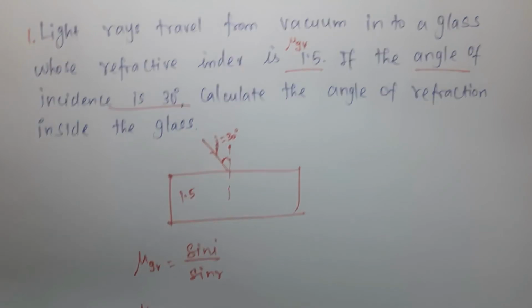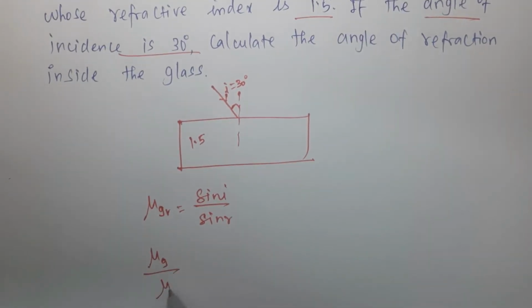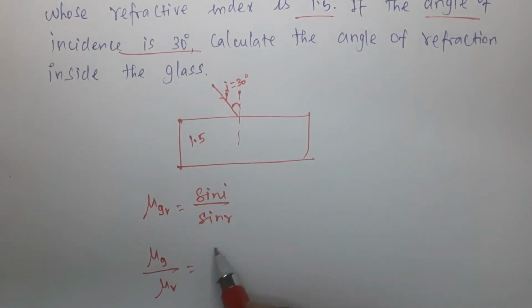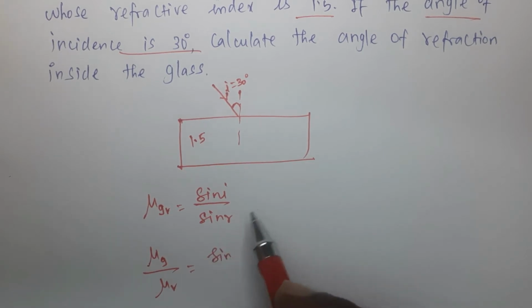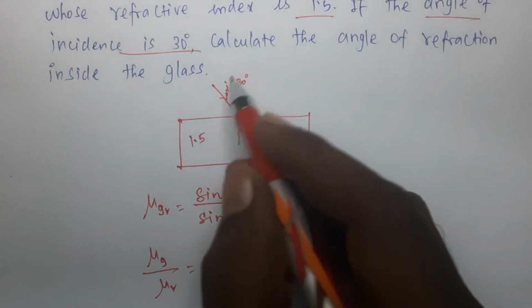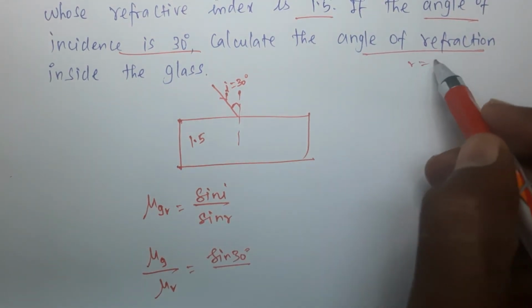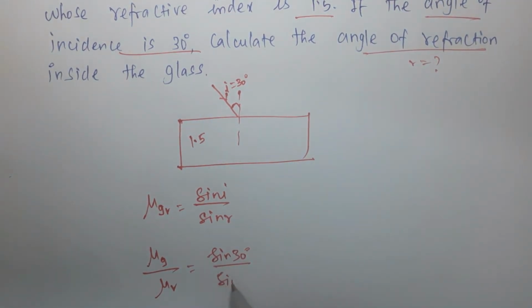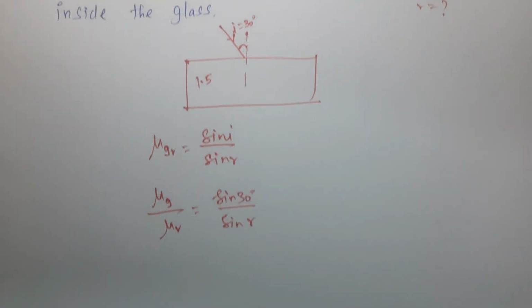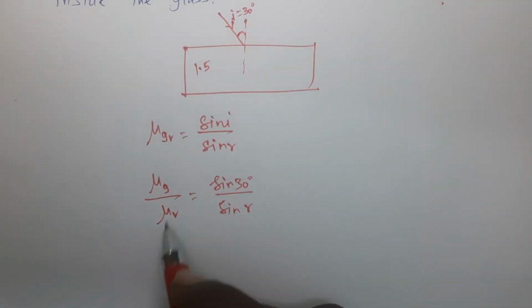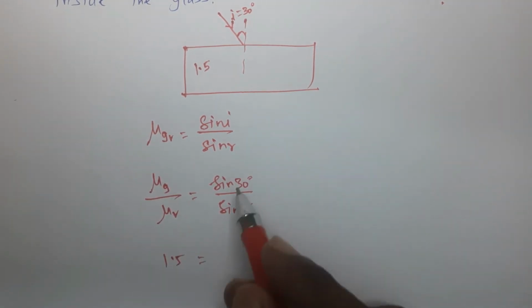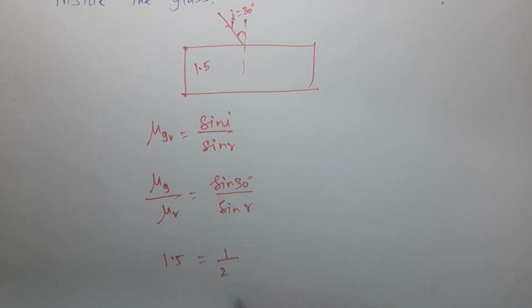Mu G by mu V is equal to sin i by sin r. Angle of incidence is 30 degree. We have to find the angle of refraction r, sin r. So mu G value is 1.5 with respect to vacuum. 1.5 is equal to sin 30, which is 1 by 2, into sin r.